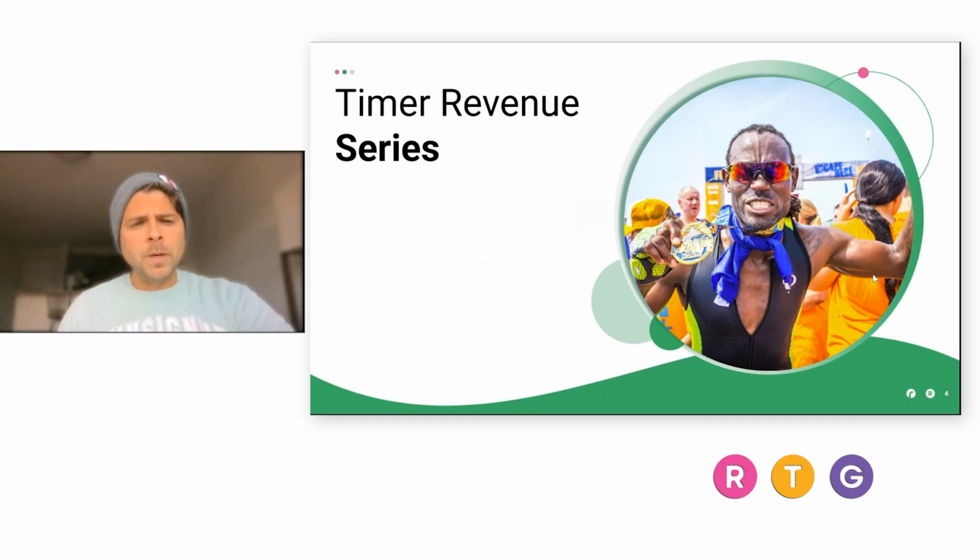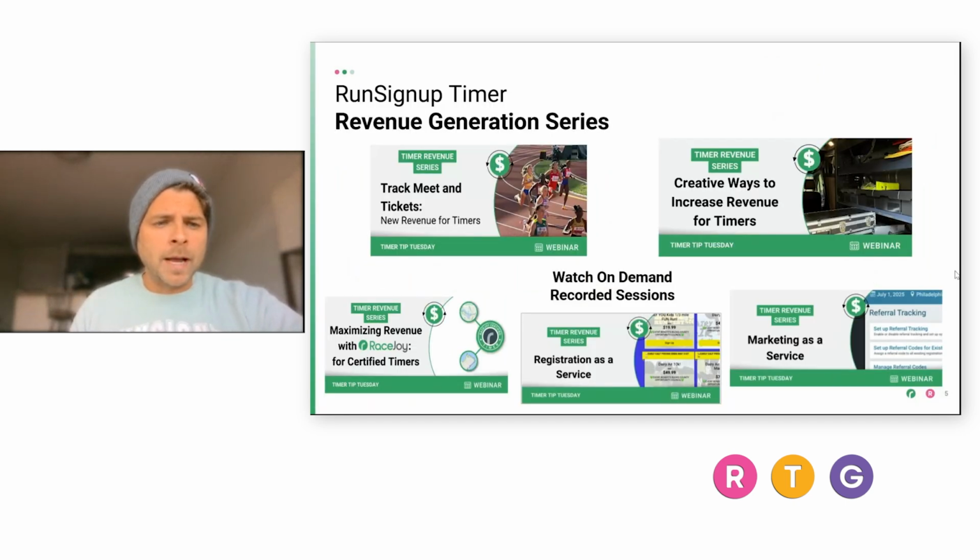Just recapping some of the timer revenue series. We've covered track meets and tickets. We've covered timer revenue increasing methods. We've talked about race joy. We've talked about registration and marketing as a service. And this fits a lot with registration as a service and marketing as a service, because people register from a website and the odds are pretty good that your website is on RunSignup because it is free.